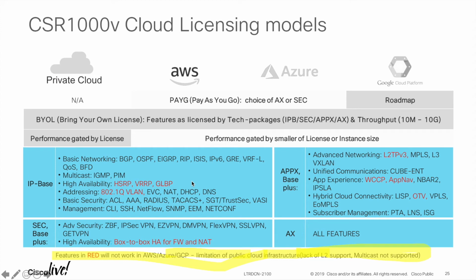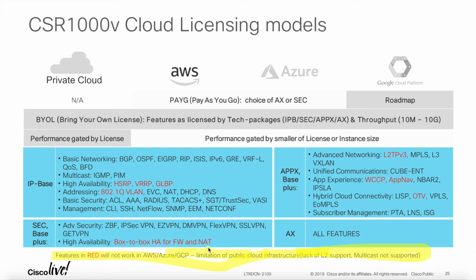But one very important thing you have to remember is this one. Features in red will not work on the cloud because it lacks L2, I mean broadcast and multicast are not supported. Here, HSRP and VRRP don't work. Also box-to-box HA for firewall and NAT is not working.